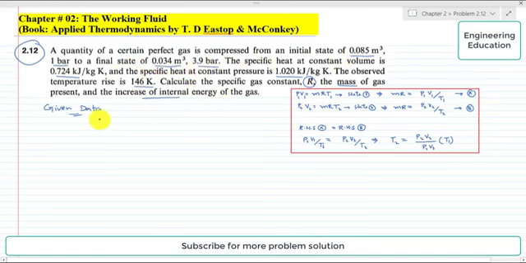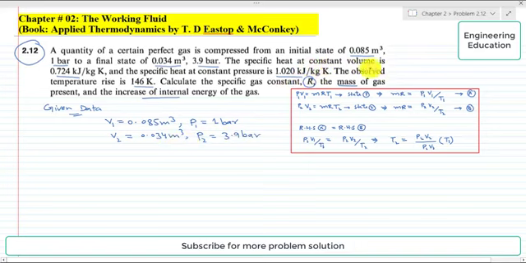So V1 is 0.085 cubic meter, P1 is 1 bar, final volume V2 is 0.034 cubic meter, pressure P2 is 3.9 bar.